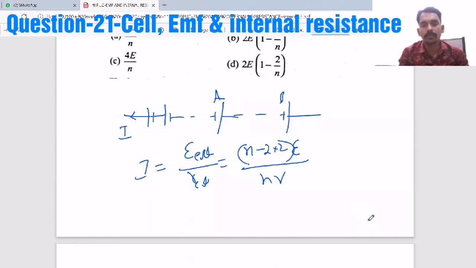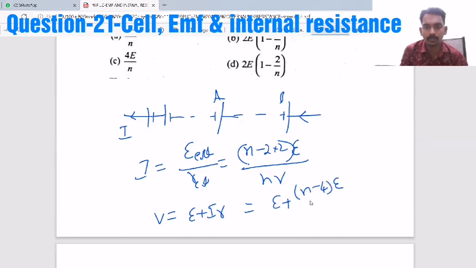Now they are asking the potential difference across A or B. Now the potential difference for A or B, current will enter in them, charging. So epsilon plus IR it will become. Now epsilon plus I value, I is n minus 4 into epsilon by nr, into r.